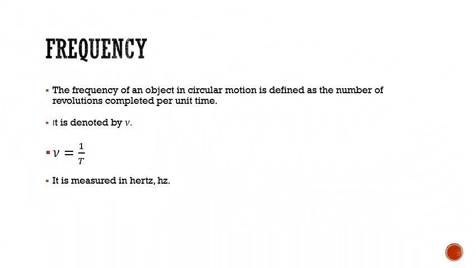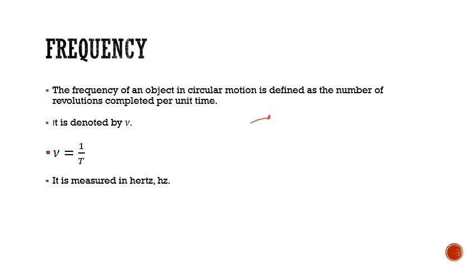Moving on, we have frequency. The frequency of an object in circular motion is defined as the number of revolutions completed per unit time. Fine. So suppose we have a particle at this point, undergoing a uniform circular motion.